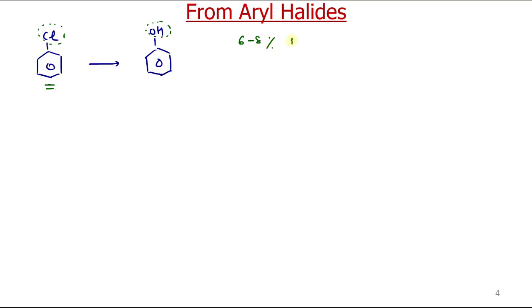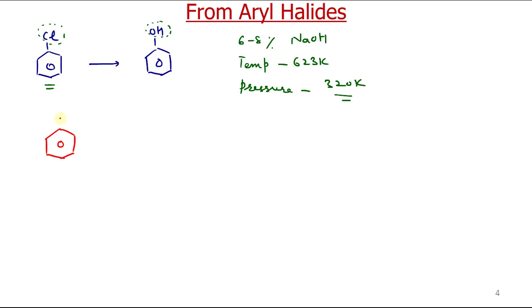These are the reaction conditions that are required, very harsh. 6 to 8% NaOH solution, temperature is around 623 Kelvin, and we also require high pressure, 320 atmosphere. Under these conditions, if I have to write the reaction, then this will be your reaction plus 2 NaOH.